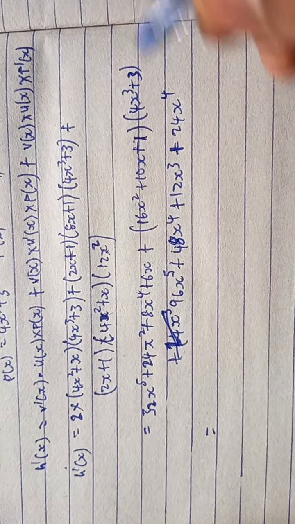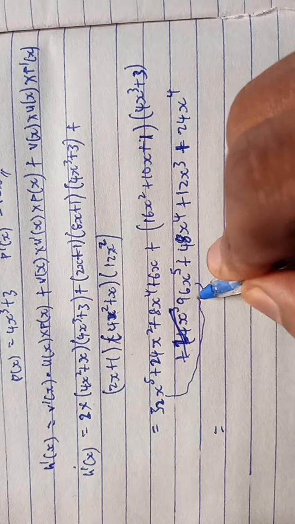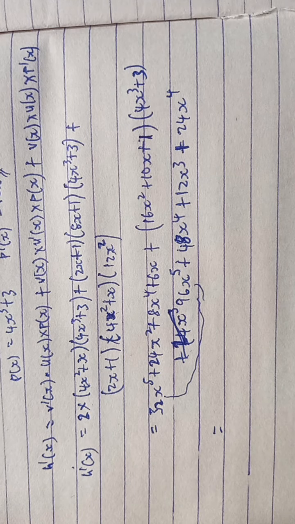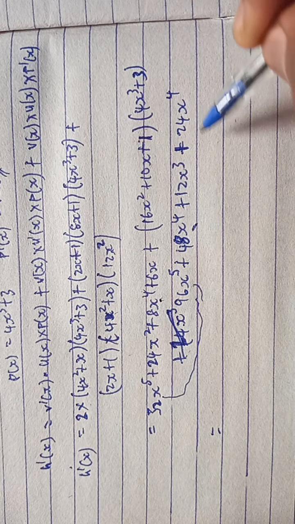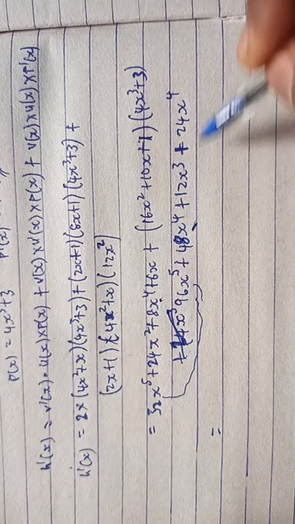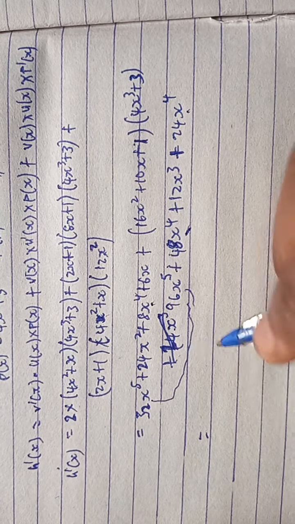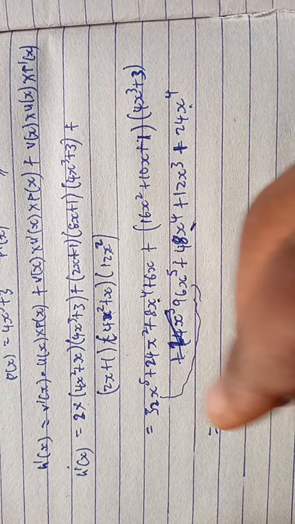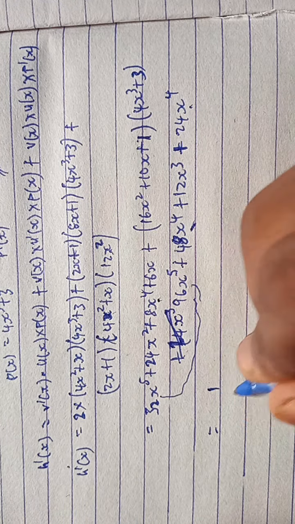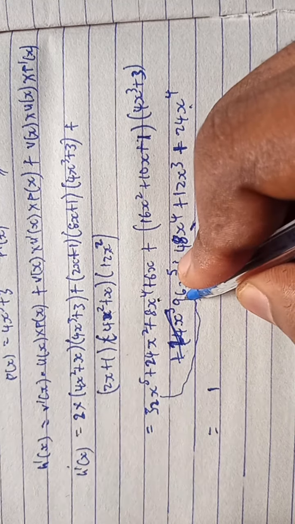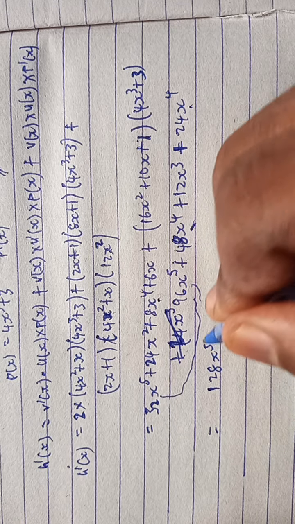So moving forward, we'll have it to be equal to this and this are common. Have you seen that, guys? So these two and that are common, and both are common to this. So now we'll have 32x power 5 plus 96x power 5, which will be 128x power 5.